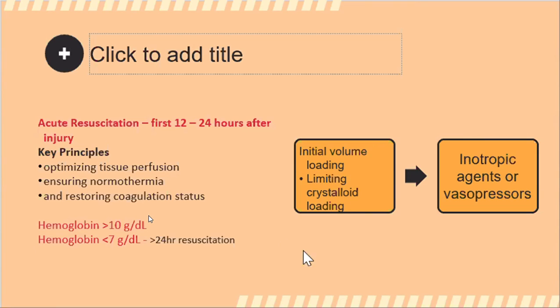Okay, yung deadly triad. And your hemoglobin must be maintained at least 10 grams per deciliter to properly oxygenate or perfuse your tissues.